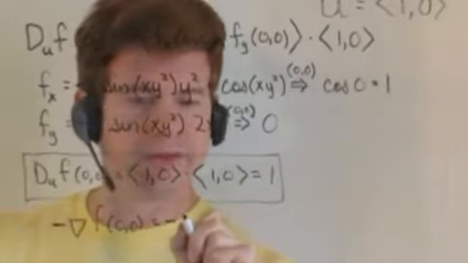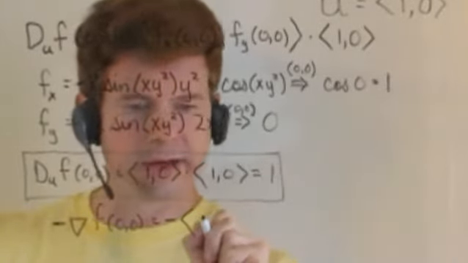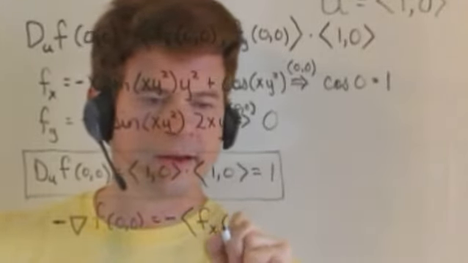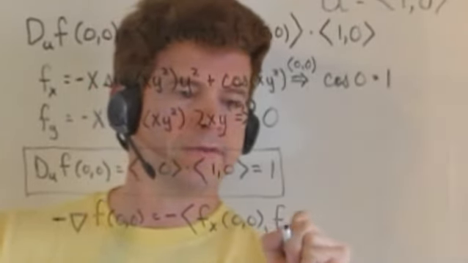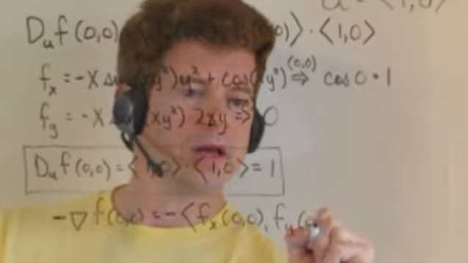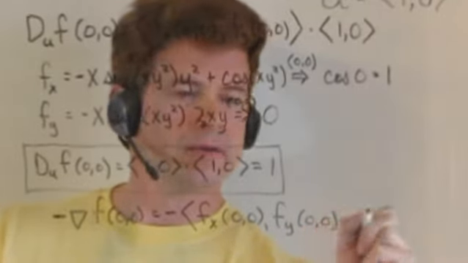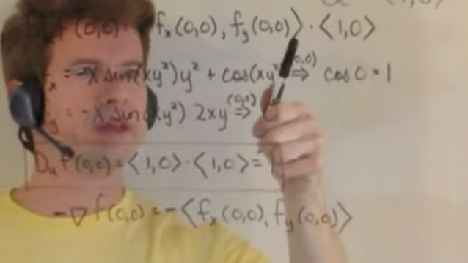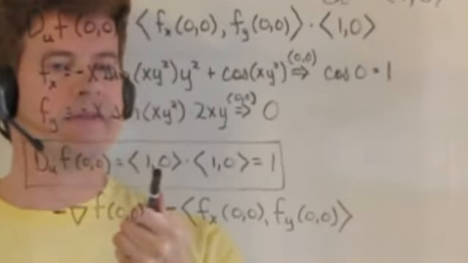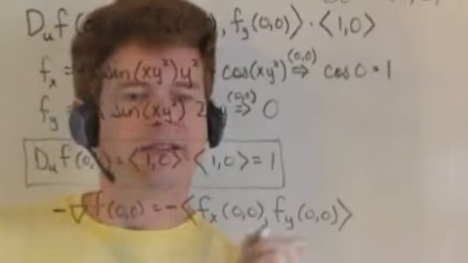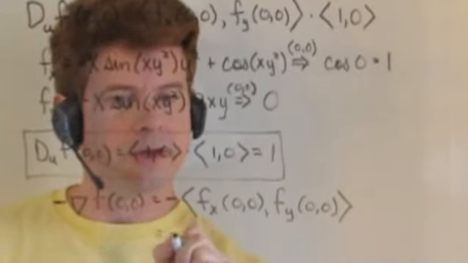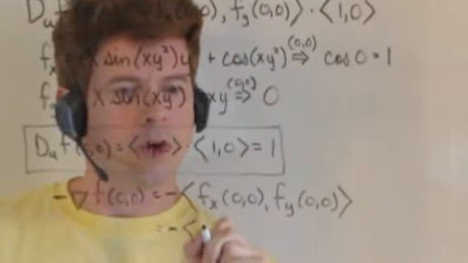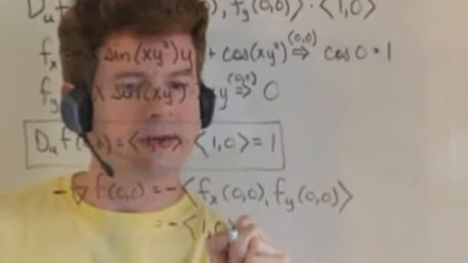And then our equation for this is the vector (fx at (0, 0), fy at (0, 0)). Well, this we've already solved for. That's the same thing as what we did up here, and it gave us the vector (1, 0). So this is simply equal to the negative of the vector (1, 0).